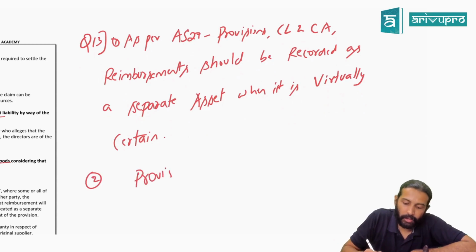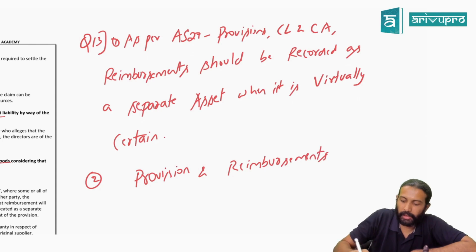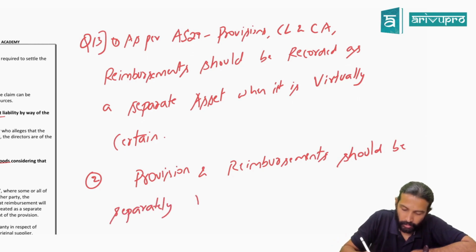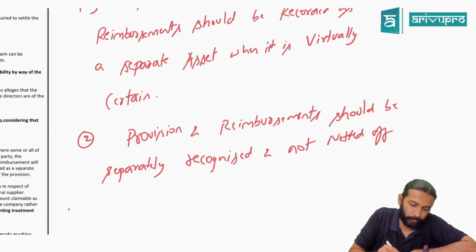Provisions and reimbursements should be separately recognized and not netted off.